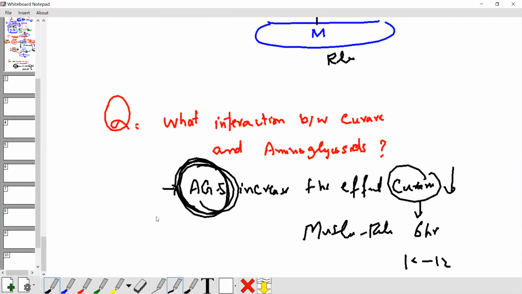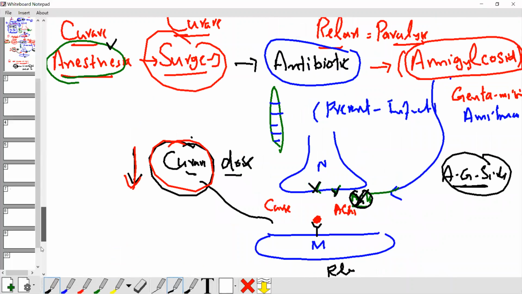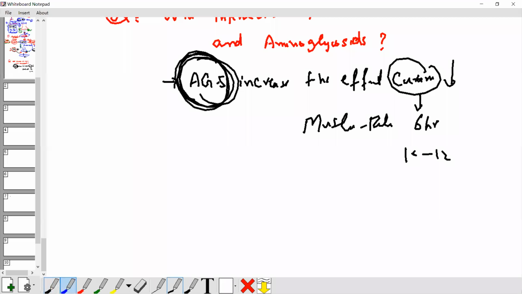Understand? This interaction clear? Otherwise, maybe it's not good for the patient. More muscle can be paralyzed for a longer duration. If the diaphragm is paralyzed, oh, it will now be difficult to breathe. Yeah, clear or not?